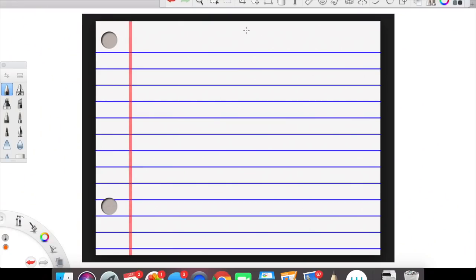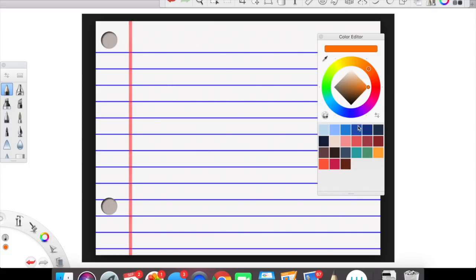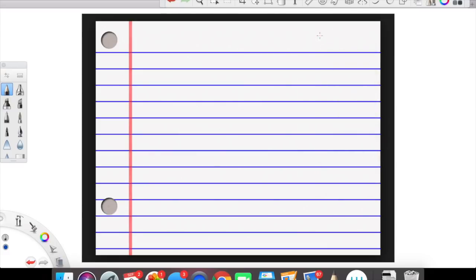Okay, kiddos, before we get into our first problem, I just want to remind you, hopefully everyone has their math notebook at home with you. If for some reason your math notebook did not make its way home, you can find a piece of paper in your house and set up your notes like this. That's totally acceptable. What I need your math notebook to look like is just like this.